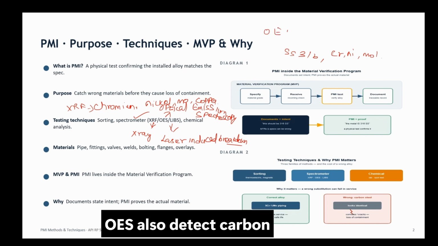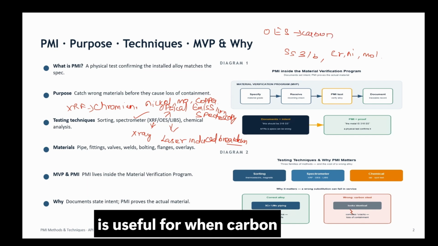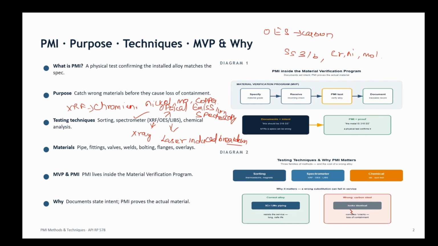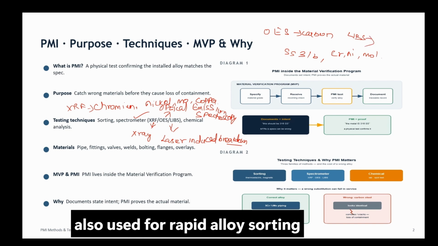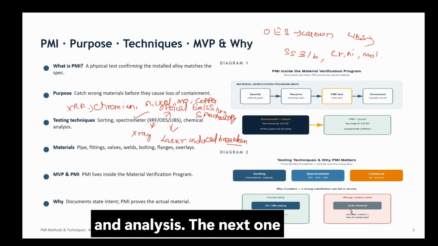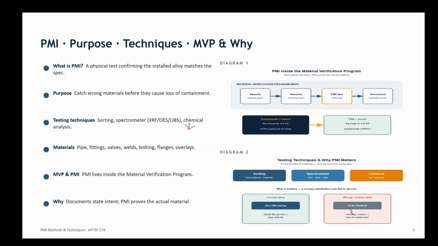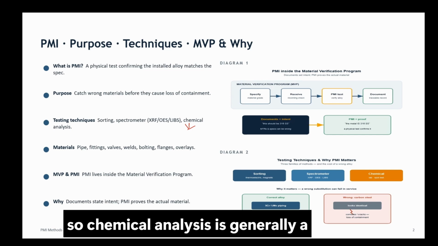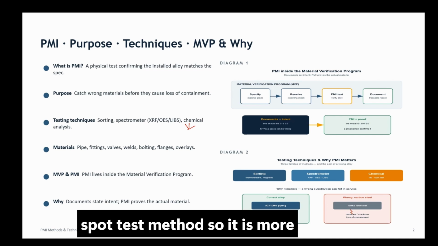OES can also detect carbon content, which is useful when carbon percentage is important. And LIBS is also used for rapid alloy sorting and analysis. The next one is chemical analysis. Chemical analysis is generally a laboratory-based method or spot test method.